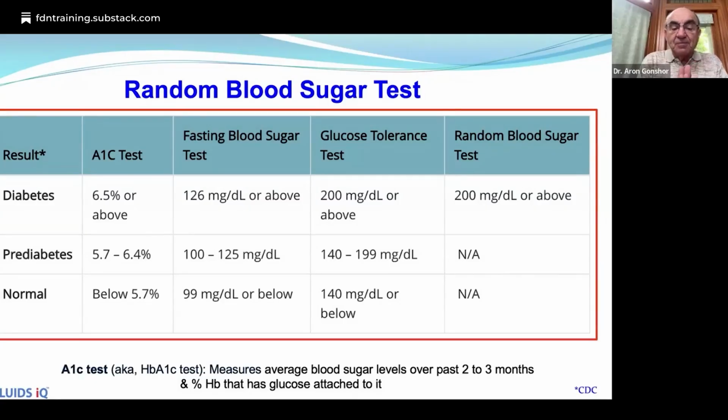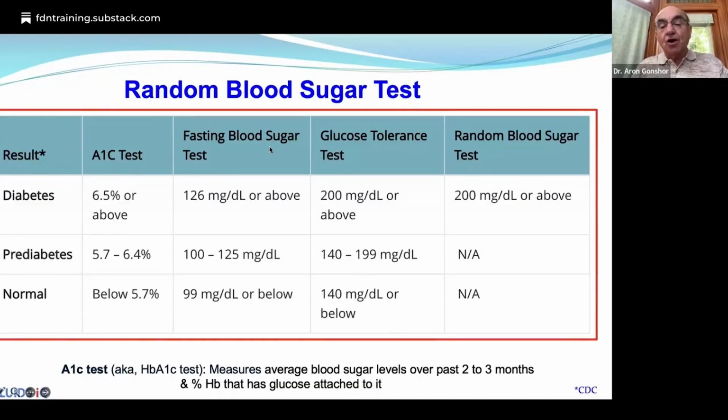It also tells you the amount of hemoglobin that has glucose actually attached to it. So today, the A1C test is the one that you normally will see to test for blood sugar levels. And normally it is below 5.7. And you can see as you go from pre-diabetes to diabetes, it goes up.